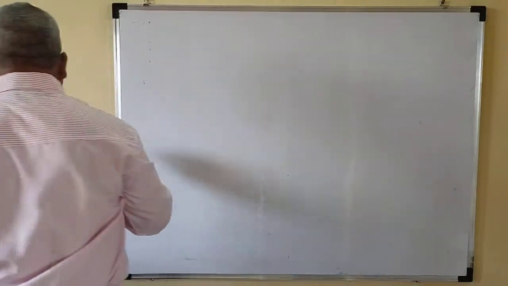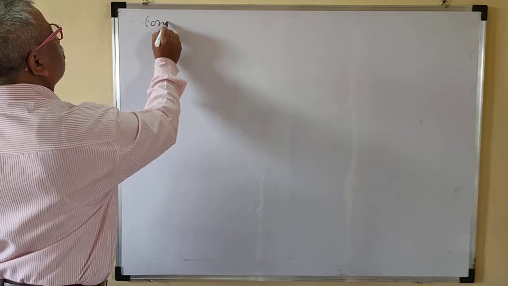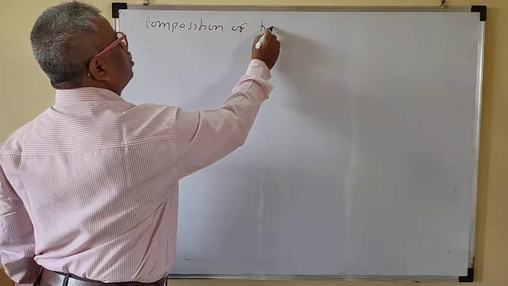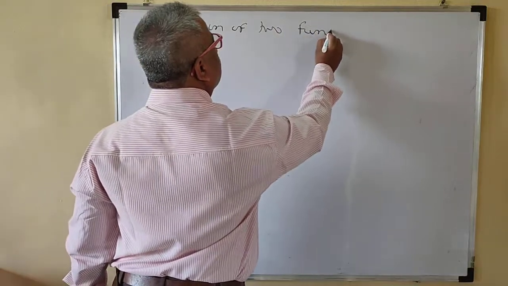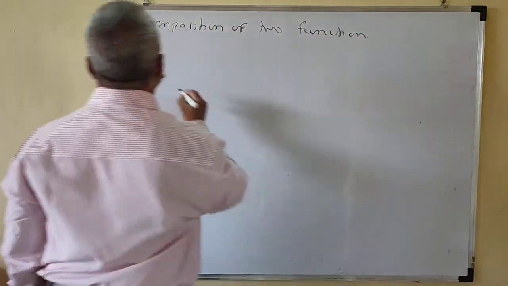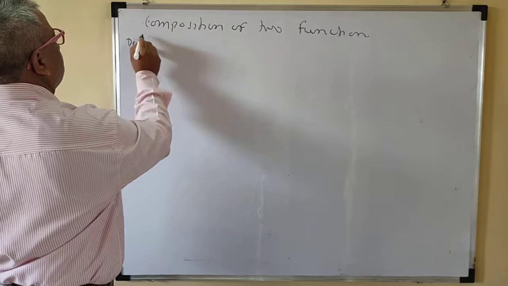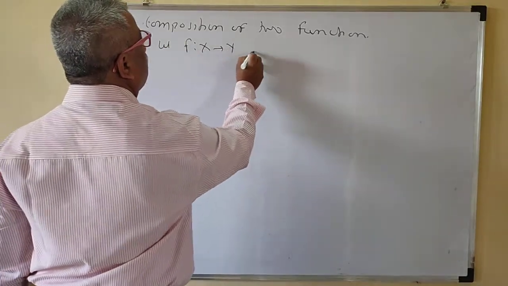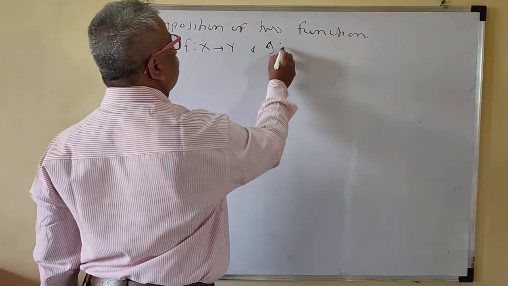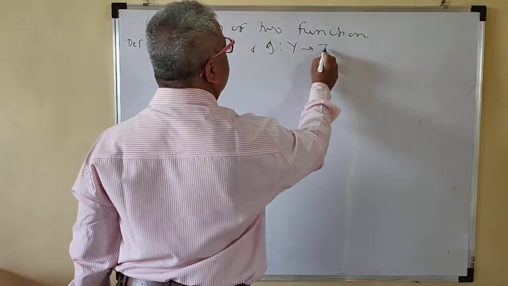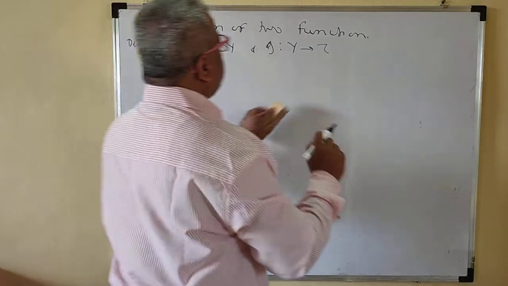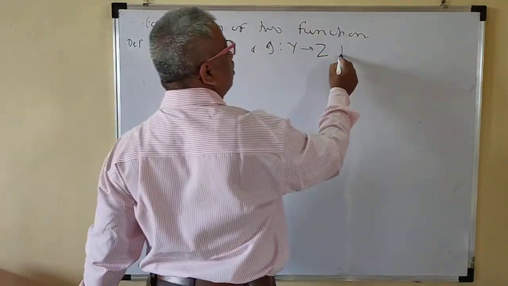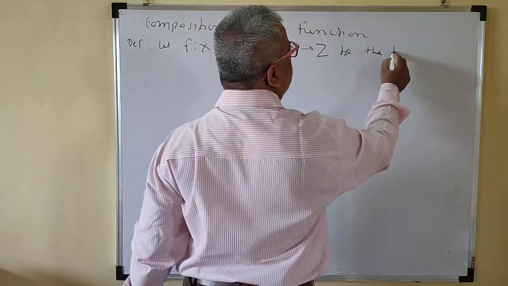Now composition of two functions. Okay. So definition. Let f from X to Y and g from Y to Z, Z should be capital, be two functions.